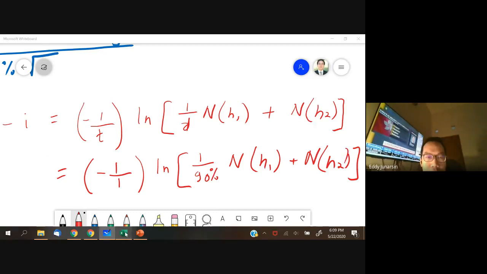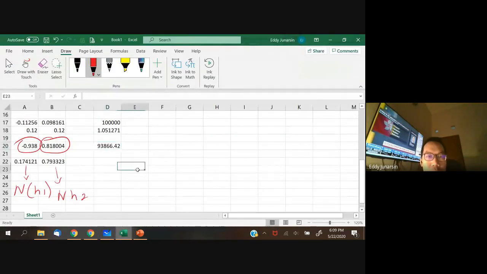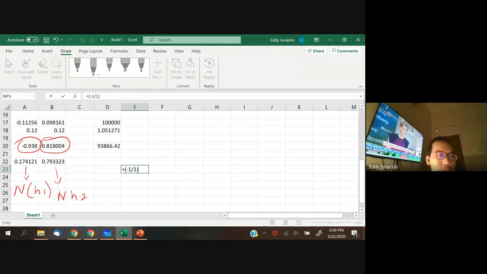Okay, so let's do it in Excel. This is -1 divided by time. The time is 1, good news. Multiplied by the natural logarithm of, first one is 1 divided by 90%, multiplied by this, N(H1), plus the standard normal distribution value of H2, this one.